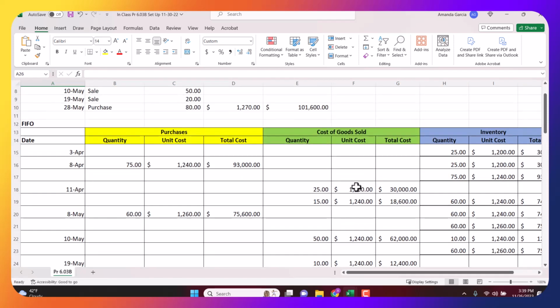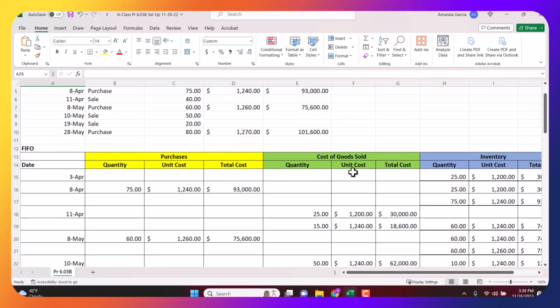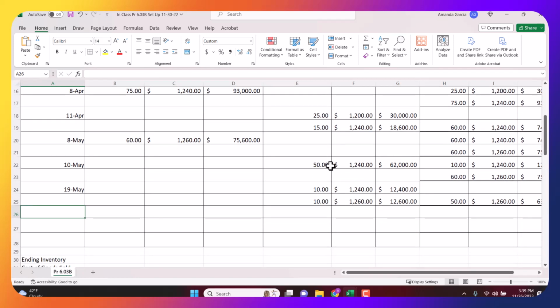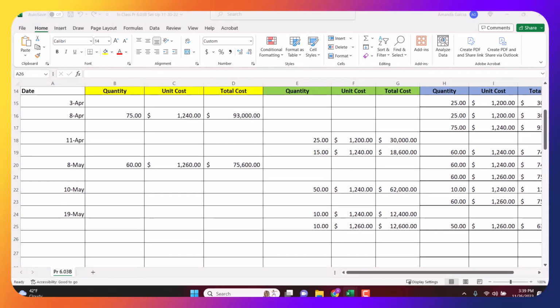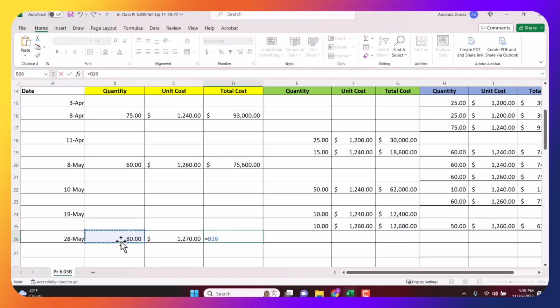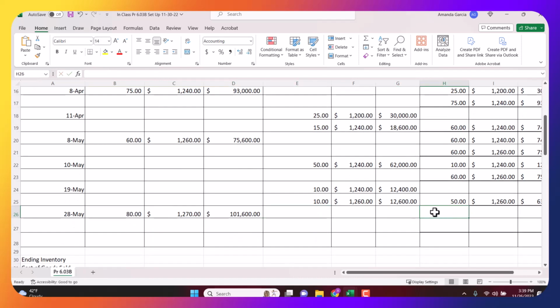Then it says, I purchased 80 units at $12.70. So my final thing here, on May 28th is to purchase. I'm going to purchase 80 units at $12.70. Okay.